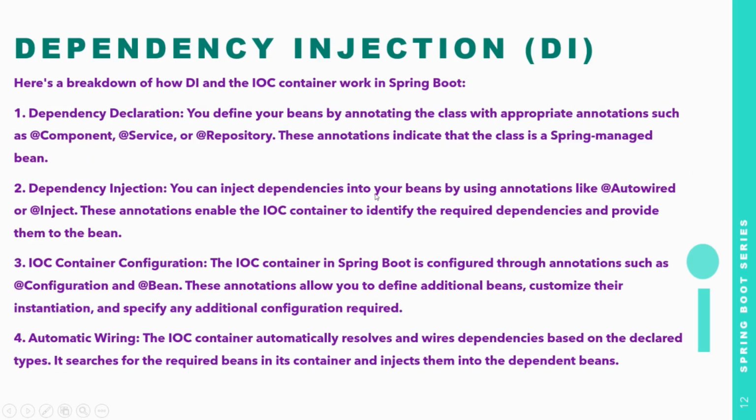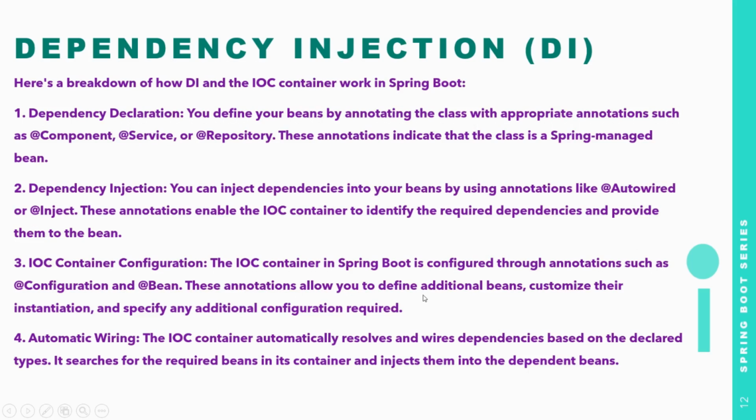These annotations indicate that the class is a Spring managed bean. Second, dependency injection: you can inject dependencies into your beans by using annotations like @Autowired or @Inject. These annotations enable the IOC container to identify the required dependencies and provide them to the bean.